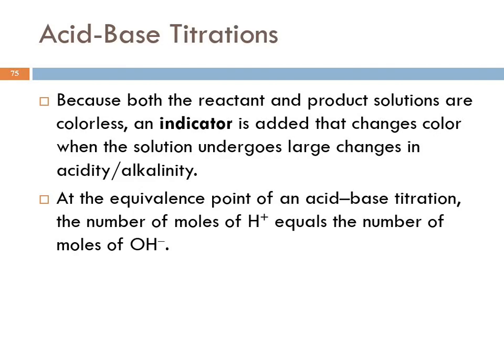And so then we get a visual clue that we've gotten to the equivalence point. At the equivalence point for acid-base reactions, the moles of hydrogen ions are equal to the moles of hydroxide ions. So you have just the right amount. And when we get that color change, we know we've gotten there.